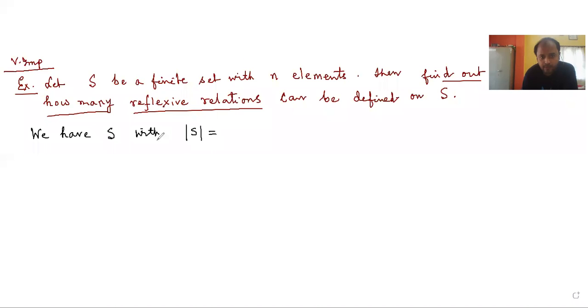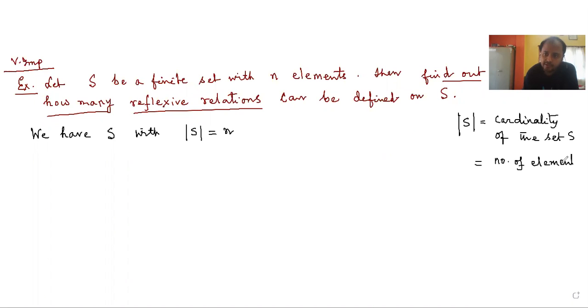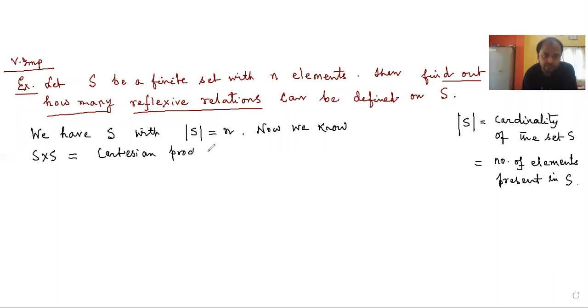In the modulus sign, I have written mod of S, which is called the cardinality of the set S. Cardinality means the number of elements present in capital S. Now we know that S cross S is the Cartesian product of S with itself.